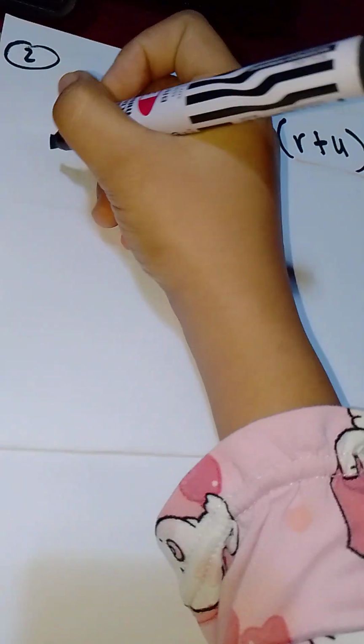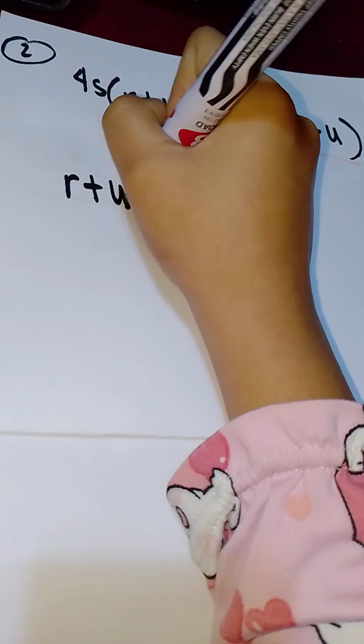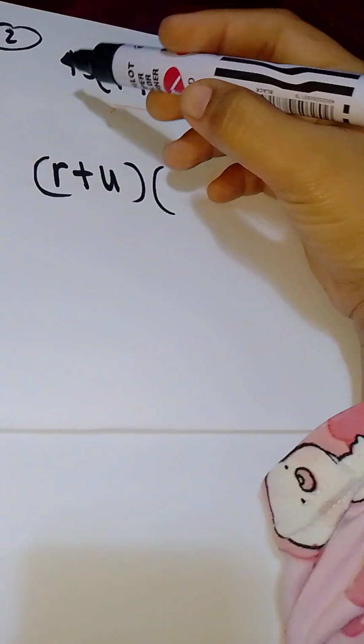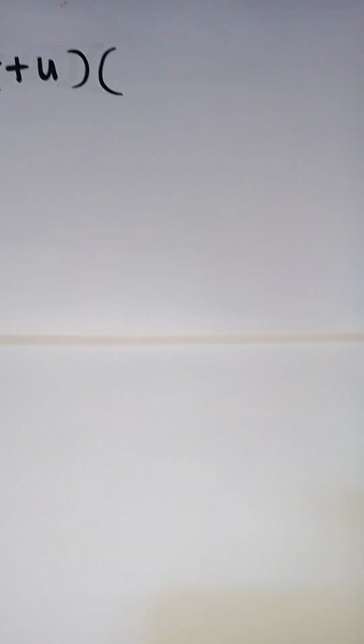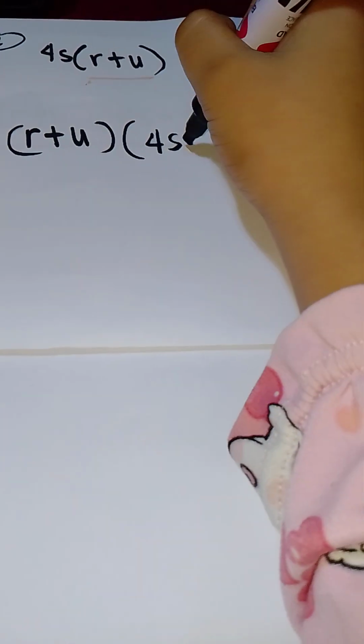So we can write it as 1, r plus u. And then what remains are 4s and t, so we'll write them together also: 4s minus t. So this will be the answer.